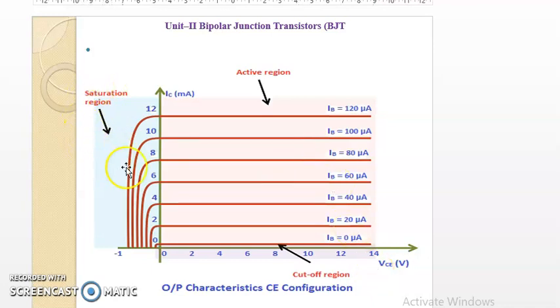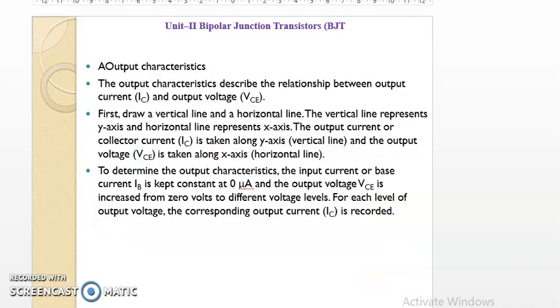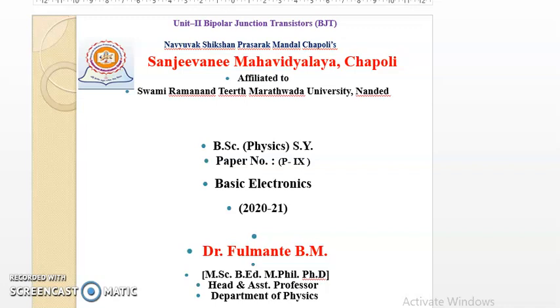So in the saturation region, remember, a minor change in VCE causes a rapid change in collector current, that is output current in milliamperes.